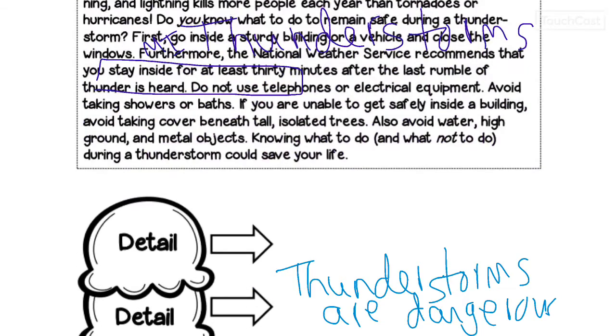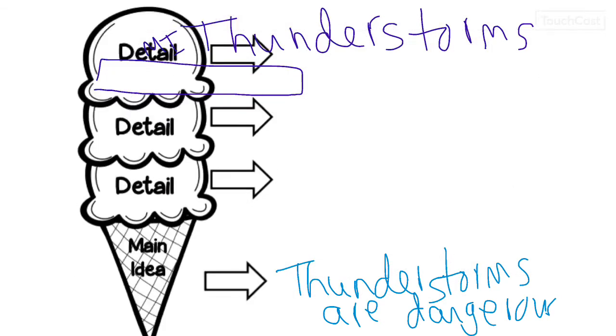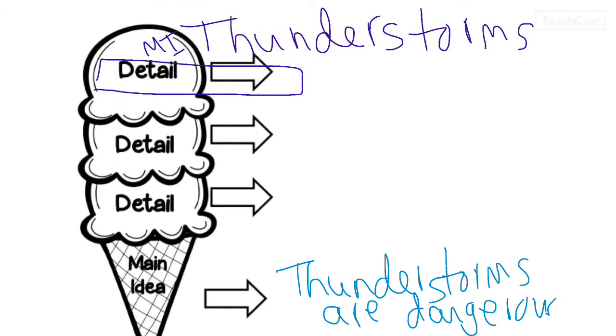So let's see, what's a detail to support that they're dangerous? I'll look at the second sentence. Thunderstorms contain lightning. Lightning kills people. So we could talk about that. Thunderstorms contain lightning. I'm going to call them T-storms. Contain lightning.